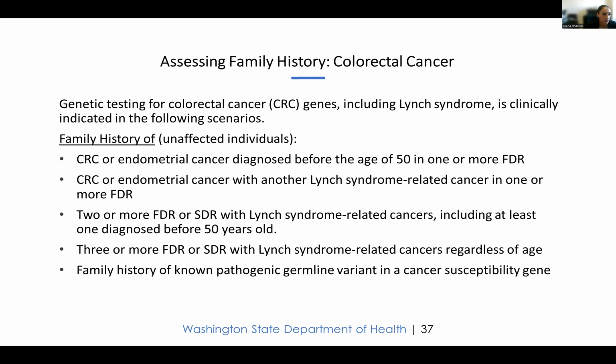And for unaffected individuals, if someone has 2 or more first-degree or second-degree relatives with Lynch syndrome-related cancers, including at least one diagnosed before the age of 50, or 3 or more first-degree or second-degree relatives with a Lynch syndrome-related cancer, again, now regardless of age. If there are 3 or more on one side of the family, we're not as concerned about age. And of course, if someone has a family history of a known pathogenic germline variant.